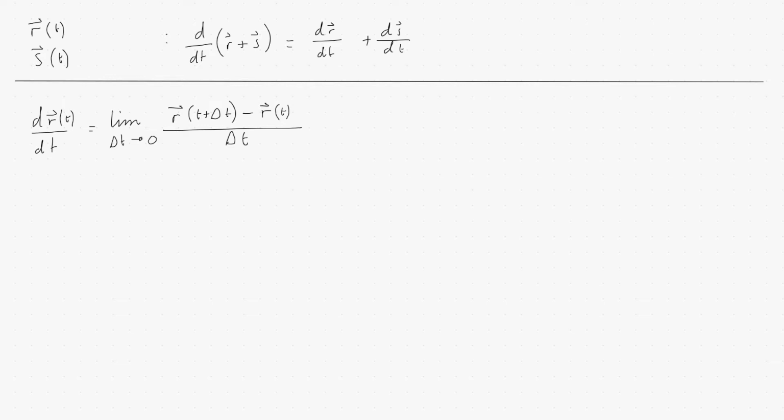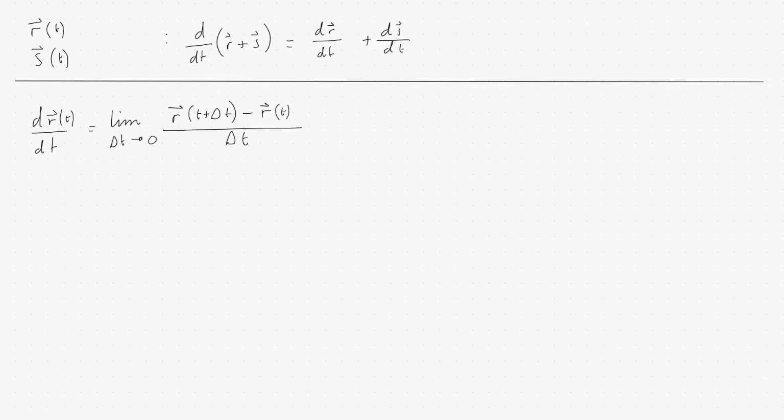Now, this is how we're going to define the differential. And using this definition, we can apply this to the second part of our above equation, this part here. We are going to apply this definition to this. So let's get started.